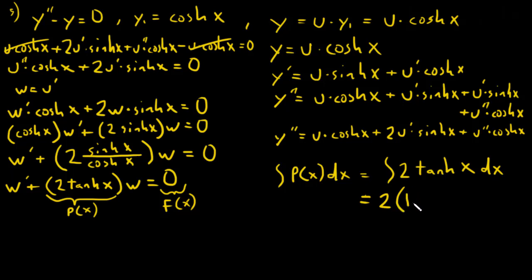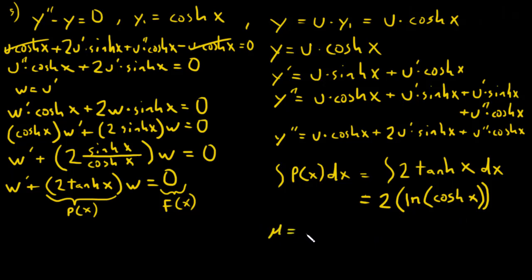Yeah, of course, it's the natural log of hyperbolic cosine, which everyone remembers, of course, right? So the integral of 2 hyperbolic tangent is 2 times the natural log of hyperbolic cosine of x.